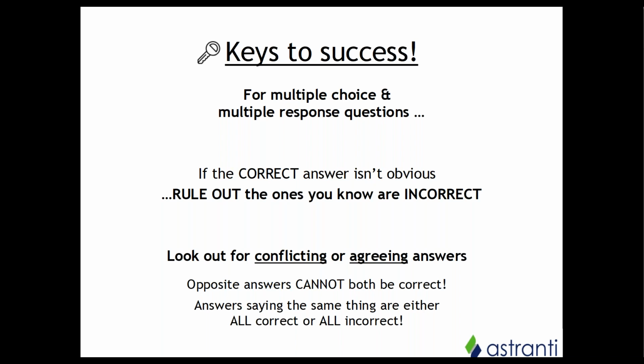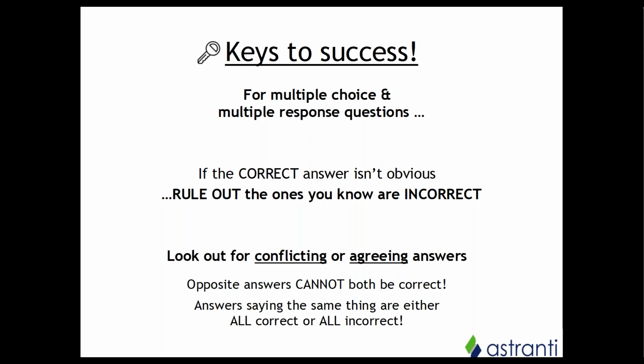Now, even if that doesn't actually reveal the correct answer, what it has done is now when you select a random answer, you've got a 50% chance of getting it right rather than a 25% chance if you were just putting a random answer out of the 4 options.